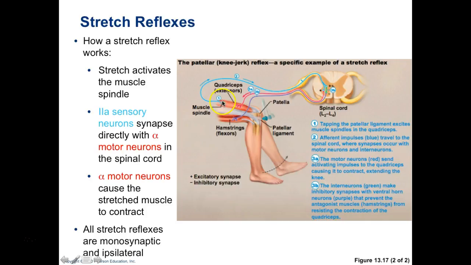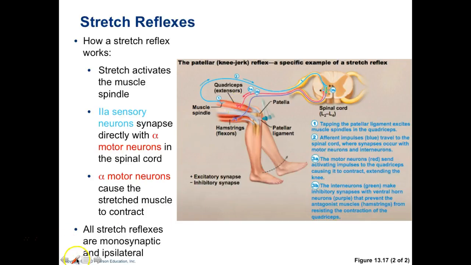We get type 2A sensory neurons that are going to send this information into our spinal cord, and they're going to synapse directly with the alpha motor neuron, and so this would be a monosynaptic reflex. And so we're moving through this motor neuron, and that goes over to our quad muscle, causing it to contract.